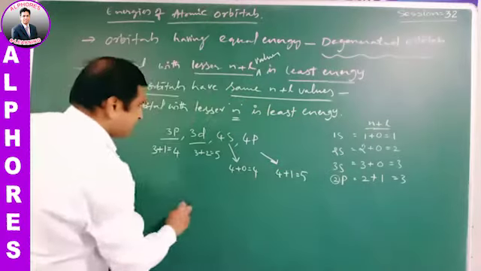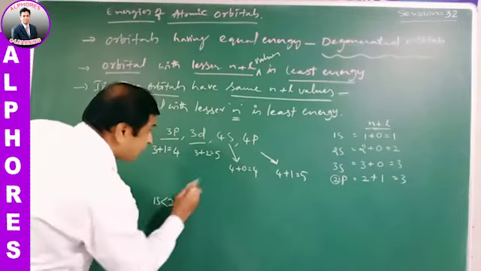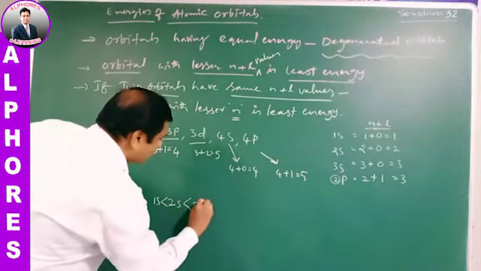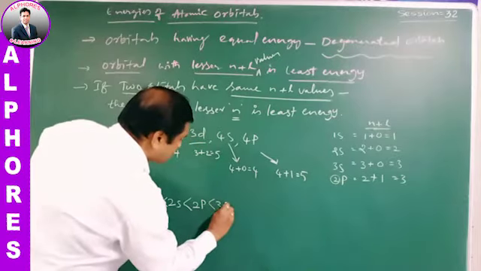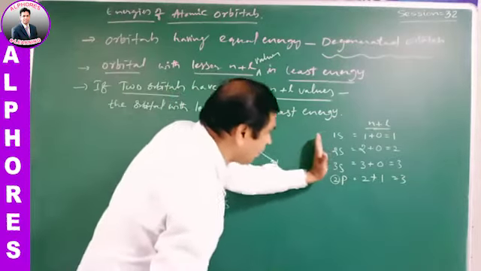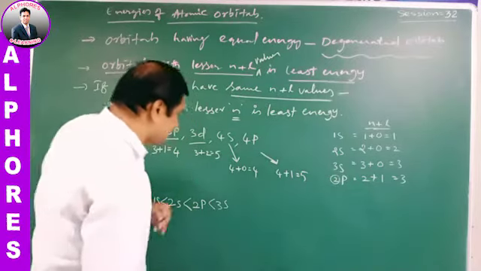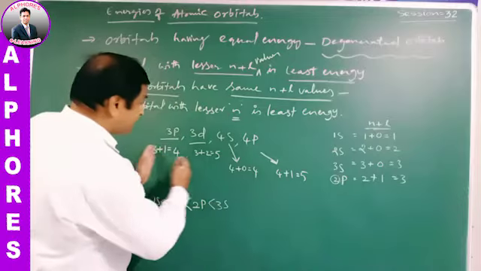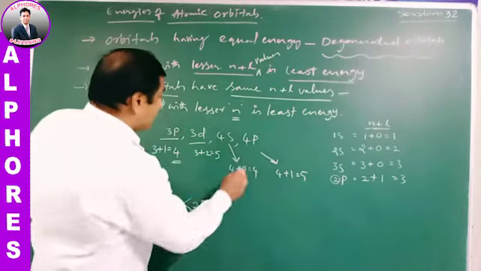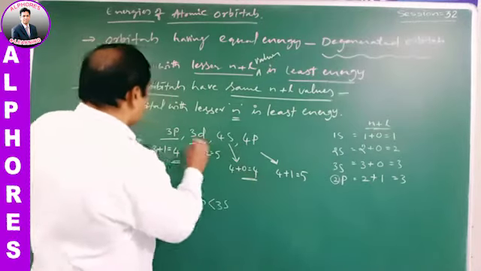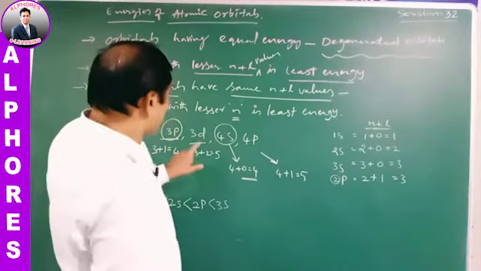Let us write here. The energy of 1s orbital is less than 2s orbital, 2s orbital energy is less than 2p orbital, and 2p orbital energy is less than 3s. So we arranged these in order from least energy, with energy gradually increasing. Now we have to continue. For 3p orbital and 4s orbital, n plus l value is 4 for both of them.